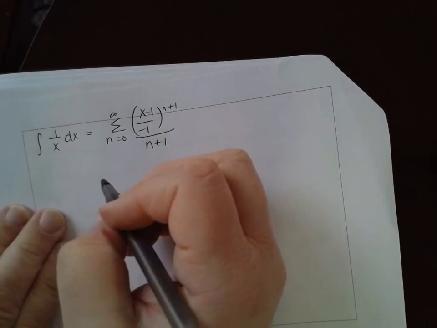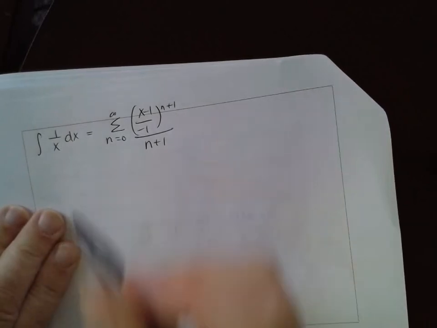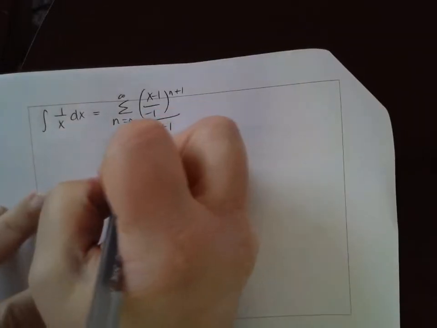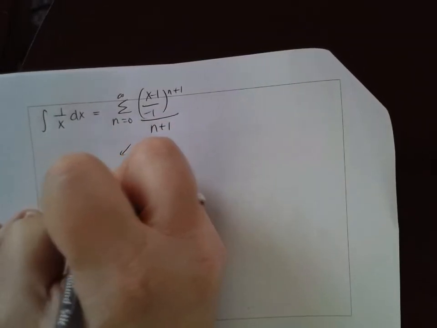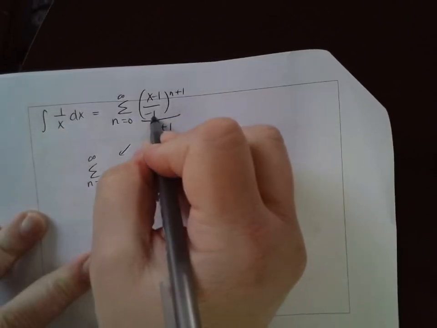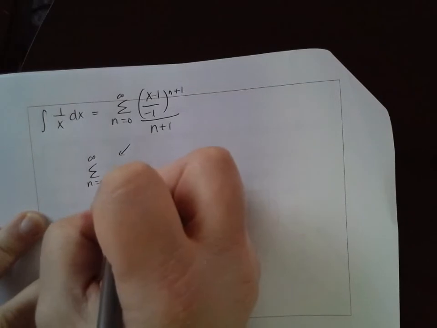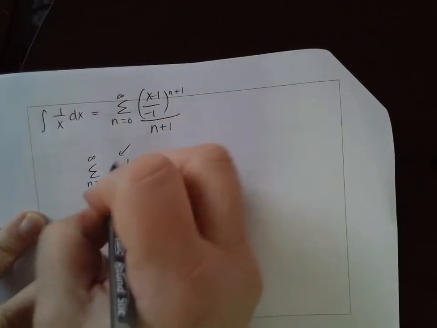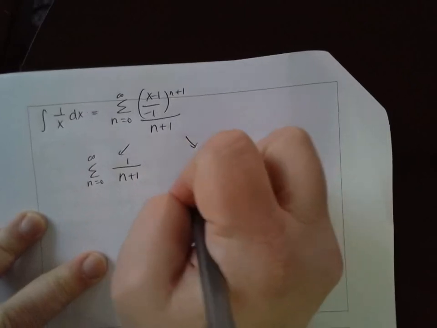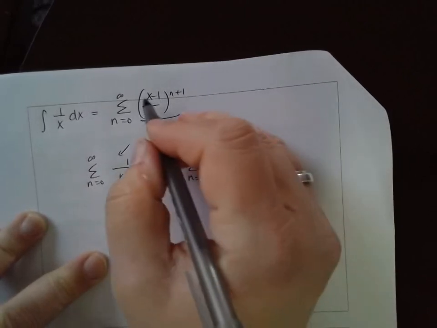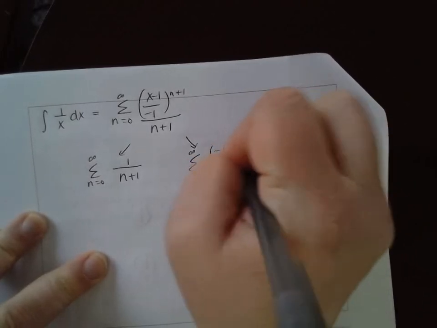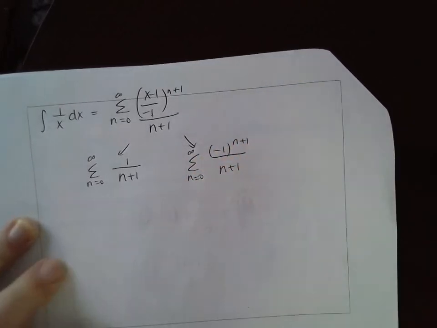Okay, what would this become if I started plugging in 2 and 0 into my two sides? So let's see, if I plug in 0, what do I get? 0 minus 1 over negative 1 is going to be positive 1, to the n plus 1 is still 1 for n plus 1. And if I plug in 2, I get 1 over negative 1, which is negative 1, to the n plus 1 over n plus 1.